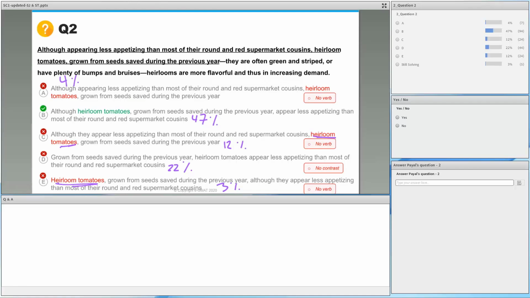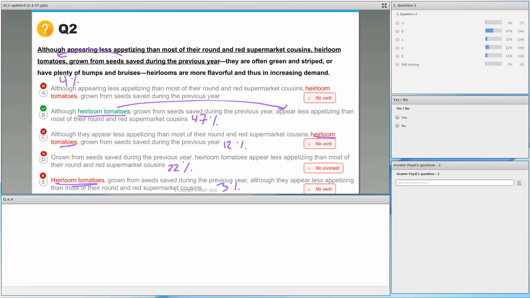So the verb in the correct answer choice, heirloom tomatoes appear. Okay? And grown is a modifier. You have to stop and look at this in the original sentence. Heirloom tomatoes grown from seeds saved during the previous years. This is describing the heirloom tomatoes.